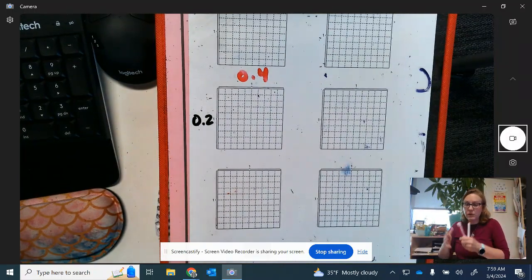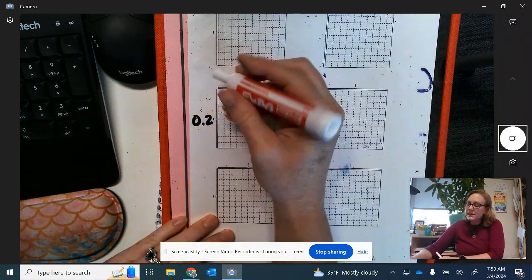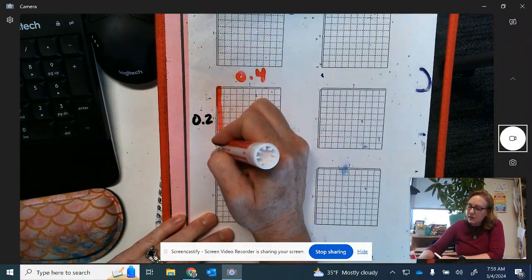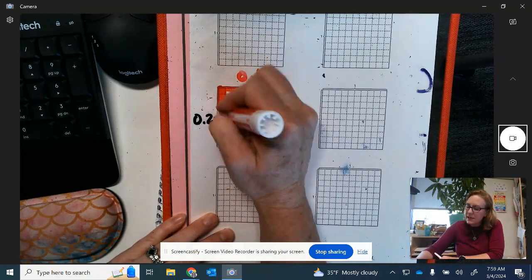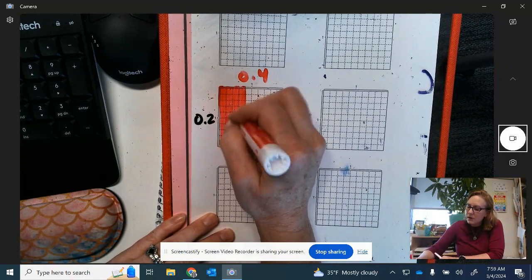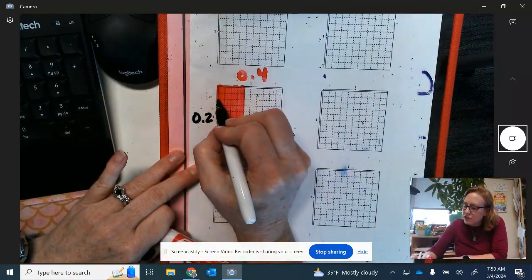This side is going to be 4/10, so I'm coloring in 4/10. And this side, I'm going to color in 2/10.